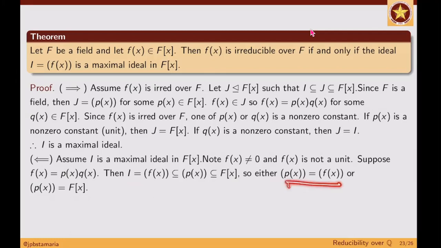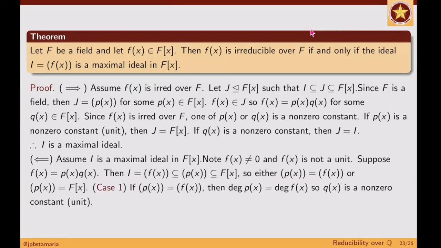Kung itong first case ang mangyayari, kung parehas daw ng multiple si P of X at si F of X, ano mangyayari? First of all, dapat ang degree nila ay parehas. Hindi pa pwedeng iba. So, ano nangyari dito? Meron ka ditong factorization.